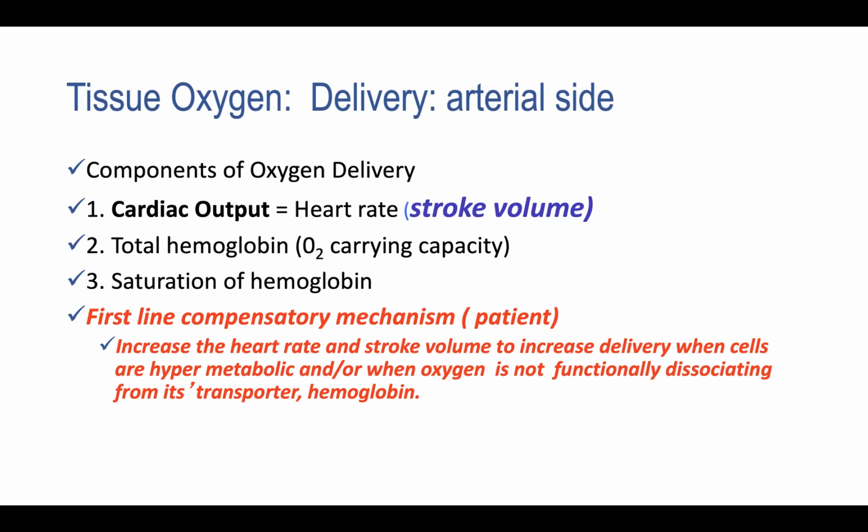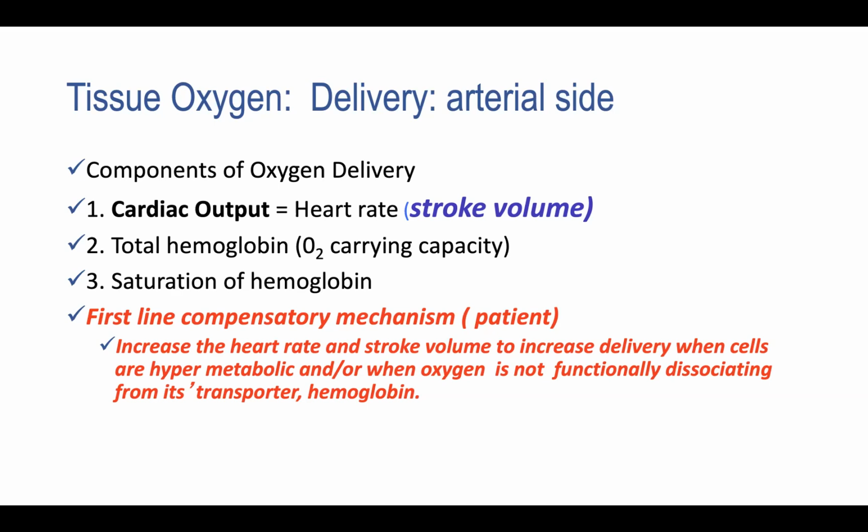Most patients will compensate when they don't have enough delivery, or when the cells are using more oxygen, by increasing the heart rate, and if they can, by increasing the stroke volume. They cannot immediately increase their total hemoglobin. That's a really slow process. You can affect that by giving packed cells, but the patient isn't going to all of a sudden make more hemoglobin to carry oxygen.